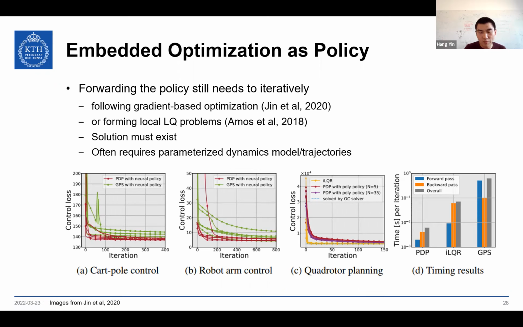But they do have some limitations. Usually they find that you cannot just use neural networks for your dynamics constraints or policy representation, because that usually makes the problem a little bit harder, right? When you have neural networks as part of your problem, it is usually a non-convex optimization.